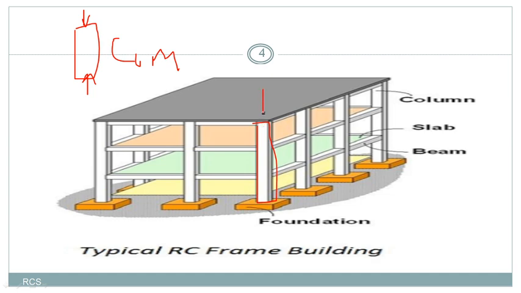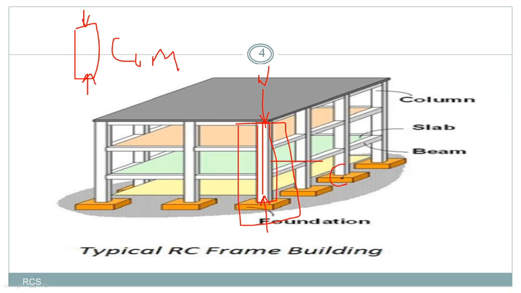So the load acting on this column is in this direction because of the self weight of the slab and the load which is likely to come onto the slab, and we have a reaction force from the ground. So this is a vertical direction and it is subjected to compressive force. That's why this is called a compression member. Now in a building or any RC construction, we can call it a column.